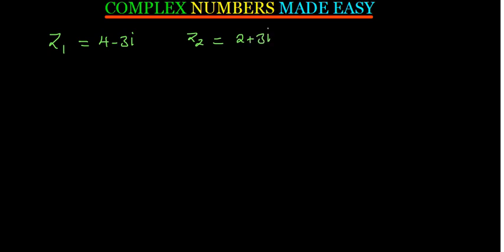Then the first question we've been asked is to find z1 multiplied by the conjugate of z2. The next question is to find z1 multiplied by z2 with a bar on top.